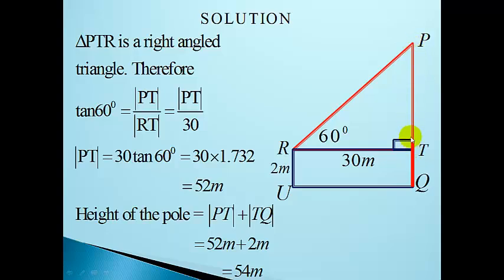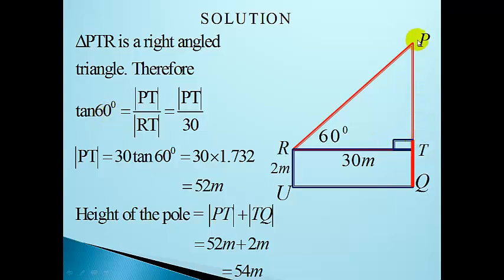Now, PT is opposite to the angle 60 degrees and RT is adjacent. Since we are searching for the opposite side and we are given the adjacent together with the angle, we use the ratio tan theta, that is tan 60 degrees, because tan is equal to opposite over adjacent.